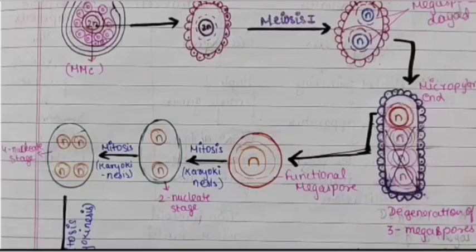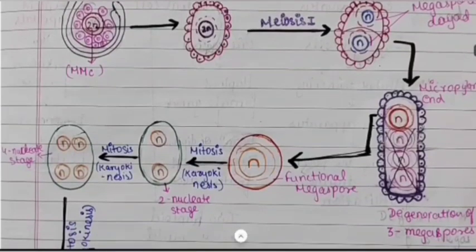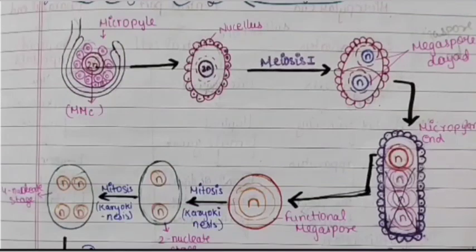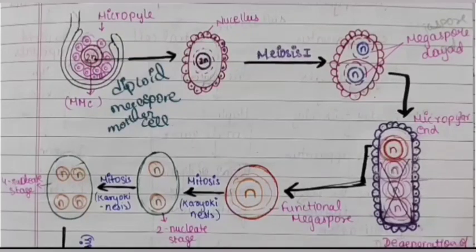Now this is the diploid megaspore mother cell, inside which the nucleus is present, followed by meiosis I. Now with the help of the diagram we are going to understand the process of megasporogenesis.